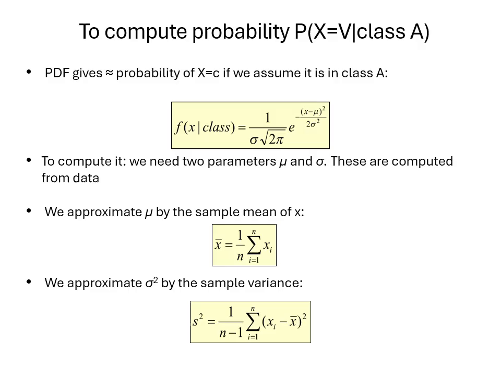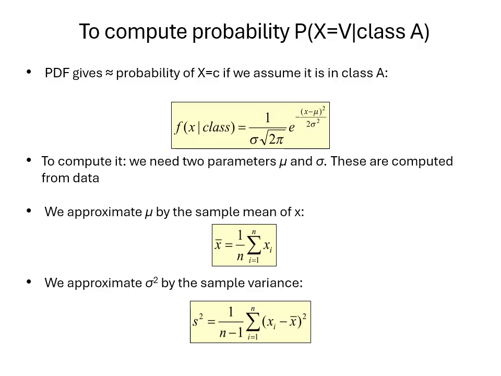From the above discussion it follows that we can use just the value of the PDF for a given value x for two different distributions, class Y and class N. In practice, to compute it, we need two parameters, mu and sigma.